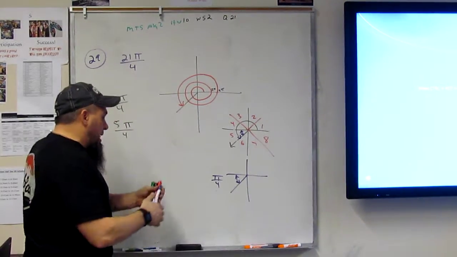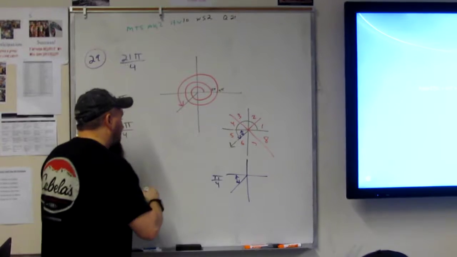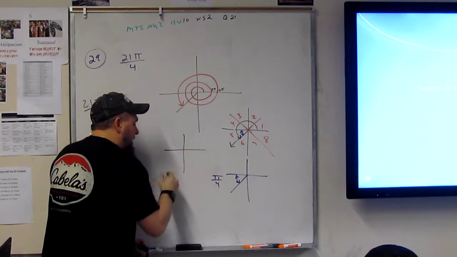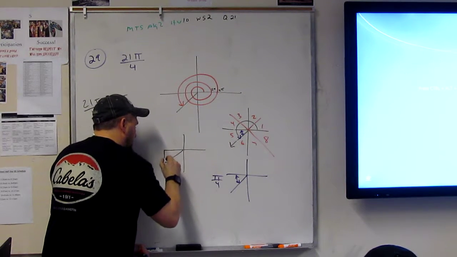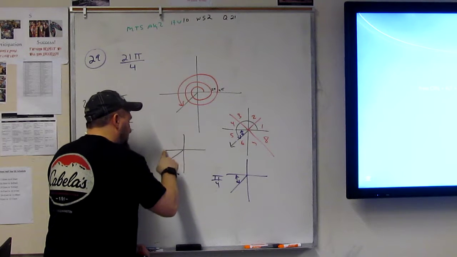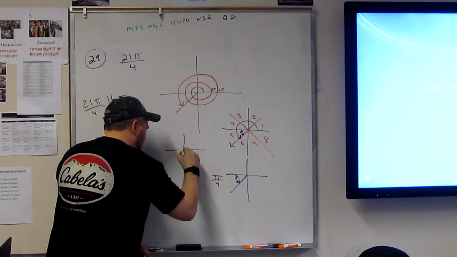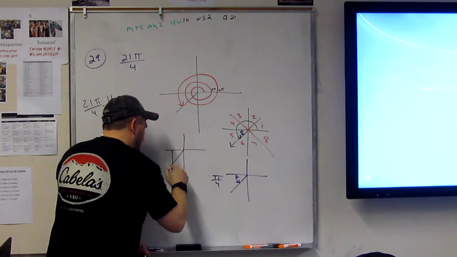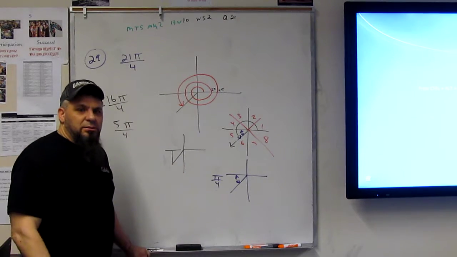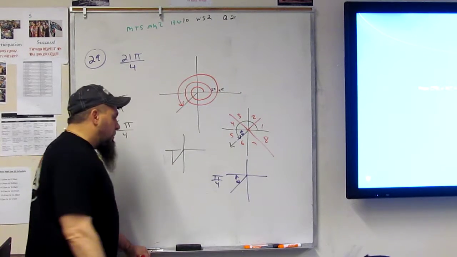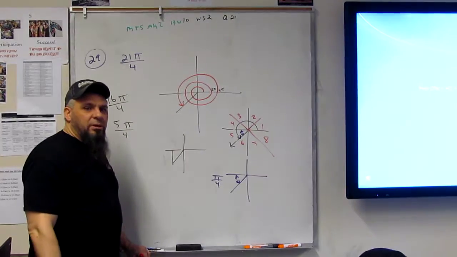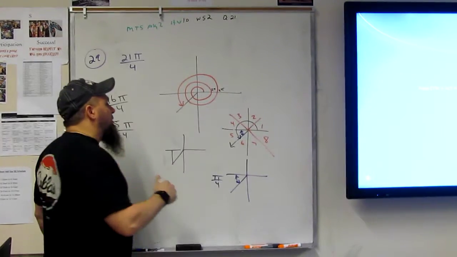Okay? Now, in this case, we have to think about the triangle, right? What is pi over 4? What is that? Does anyone know?